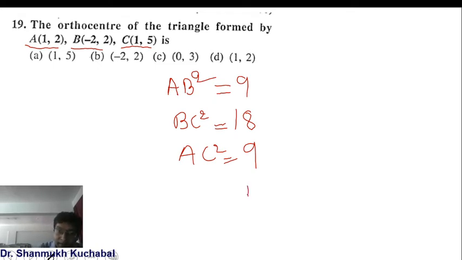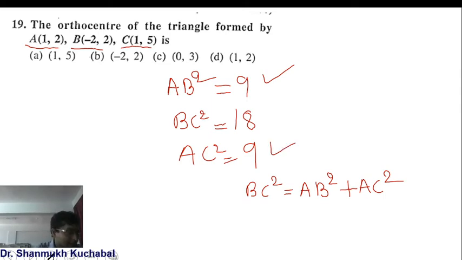So BC square equals AB square plus AC square: BC square 18 equals AB square plus AC square, 9 plus 9, 18. We also observe that AB and AC have the same length. Therefore it is a right angled isosceles triangle.